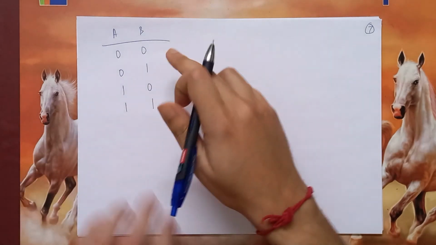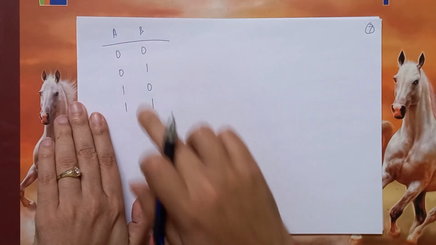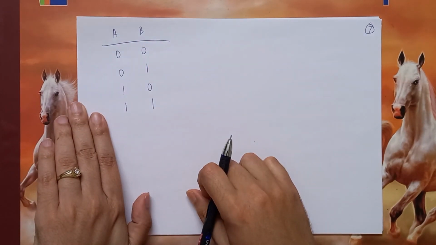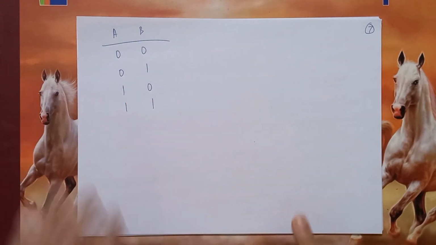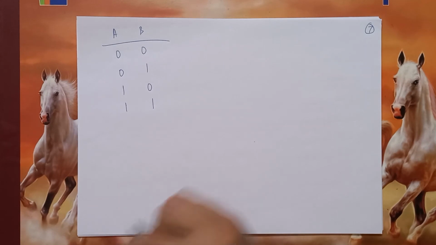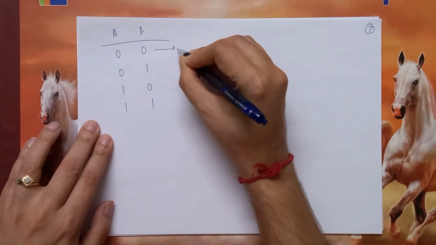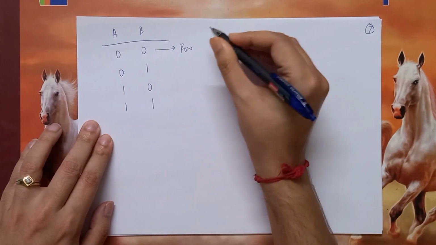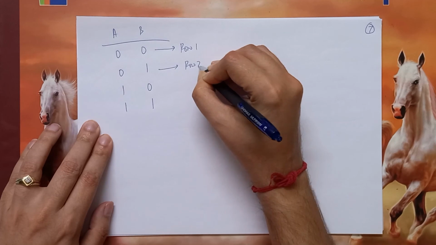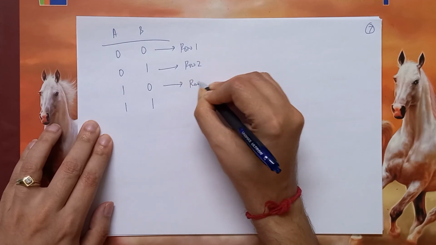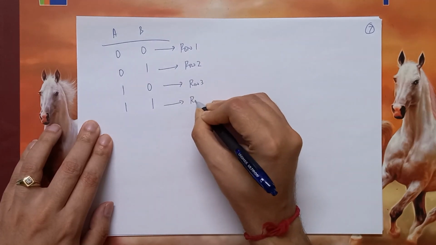If you notice, these are zeros and ones, and we can treat them as binary digits. So therefore, let me call this row 1, row 2, row 3, and row 4.